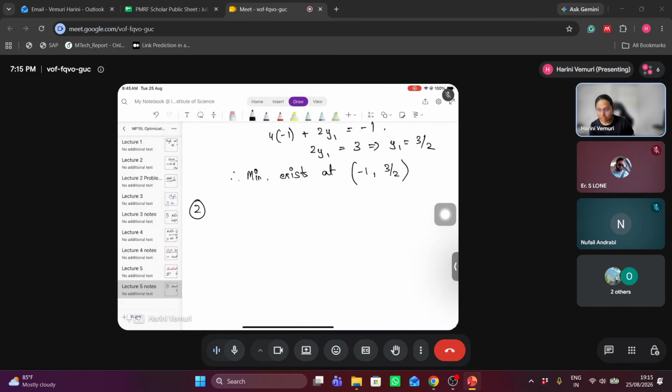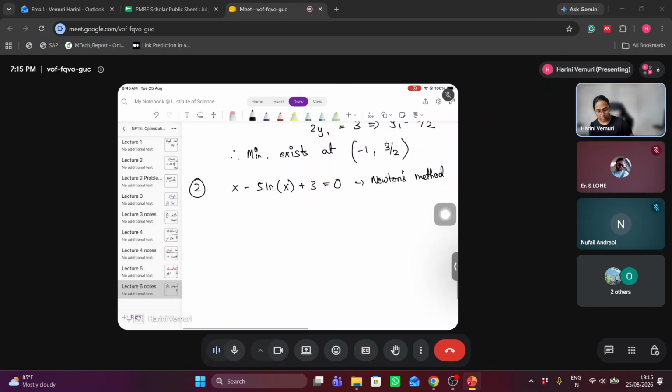So next, the second question is, we have the equation x minus 5 ln of x plus 3 equal to 0. Solve it using Newton's method, the roots of the equation. Okay.